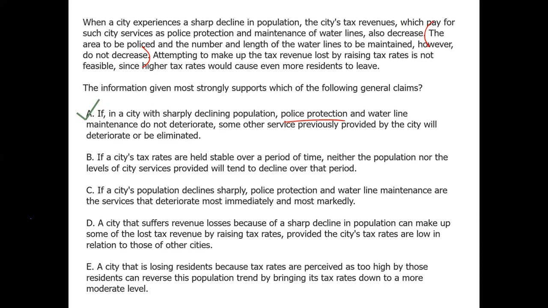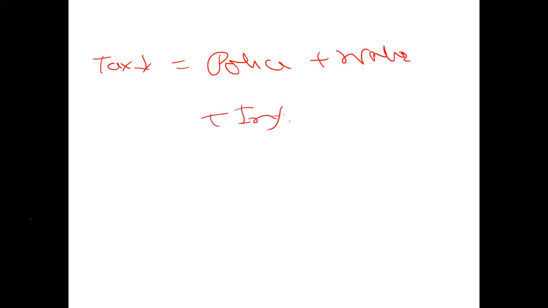So I would just repeat the same thing, that tax revenue will decrease, first of all, because the population is decreasing, and the tax revenue itself provides for police plus water plus infrastructure plus social costs and so on.